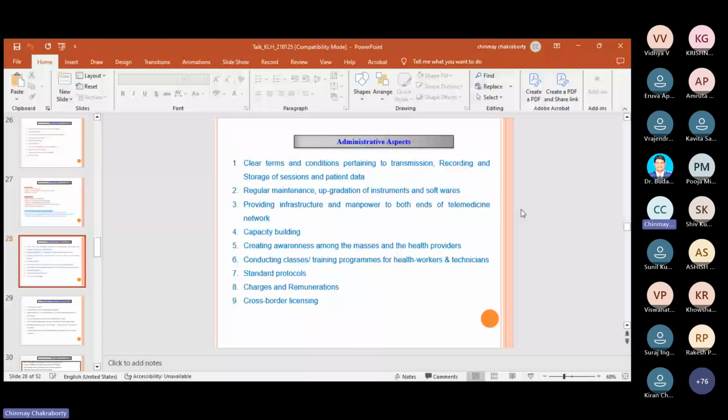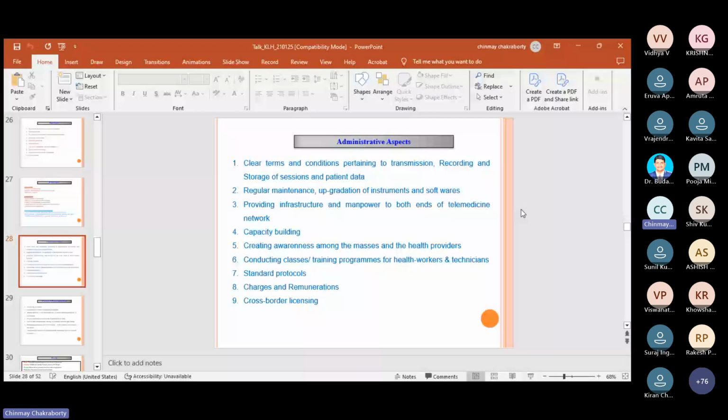Infrastructure and manpower are the two important parts. Then capacity building: creating awareness among the masses and the health providers, and conducting classes or training programs for health workers and technicians as standard protocols.